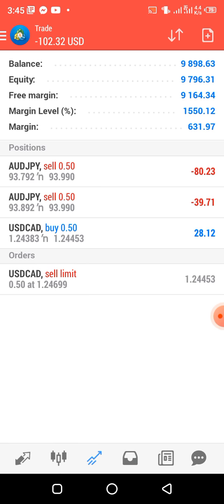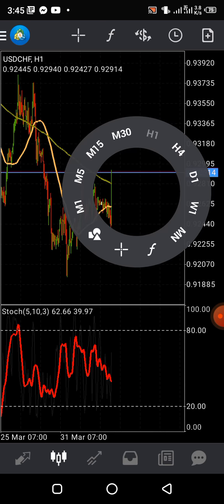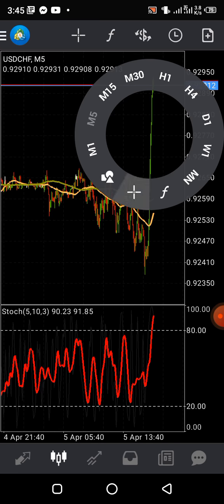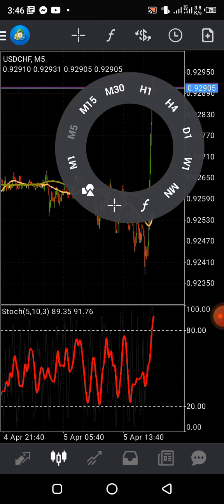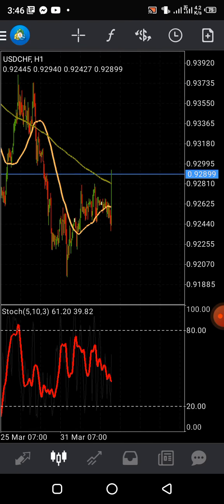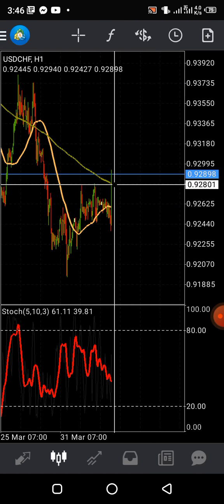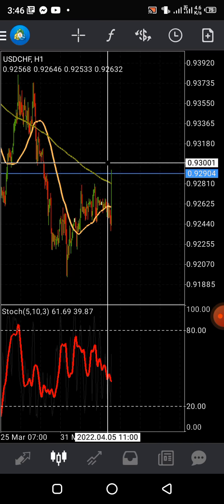So you can see, without the stop loss, it would have still been taking us on a bullish move. Our stop loss took us out somewhere around here, around this level, if I don't make mistakes, and the trend keeps on going bullish. So that is about that.